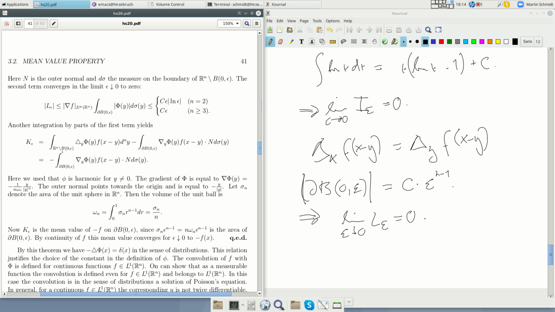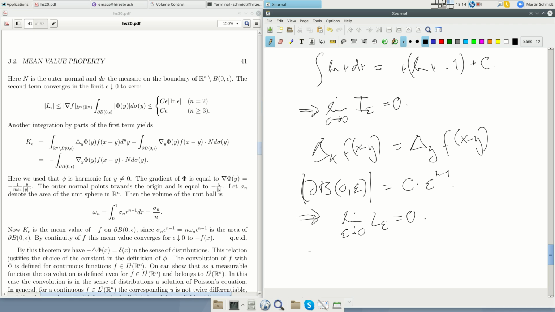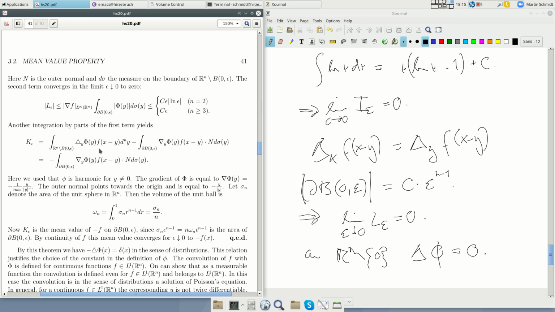Now, away from 0, on R^n without 0, phi is harmonic, so this vanishes here. This is very good. This term vanishes, so only this term here remains.